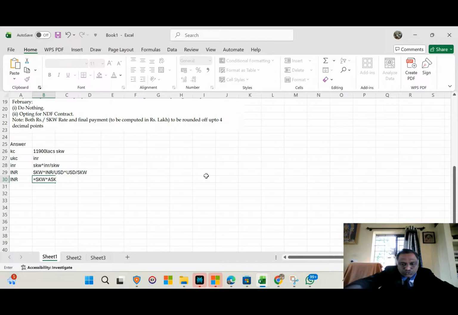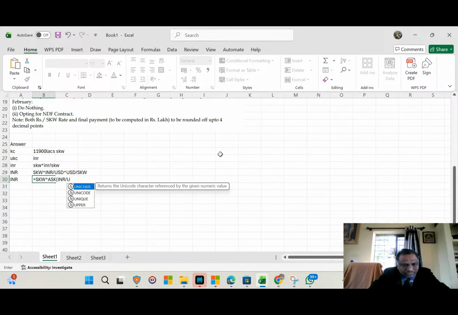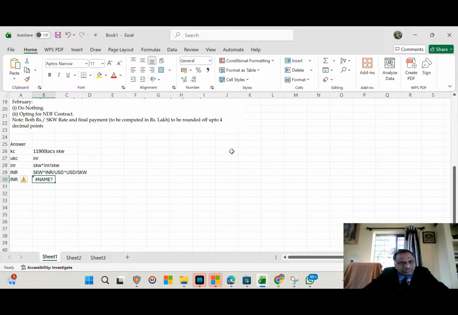Ask into INR divided by USD into USD divided by SKW. This is what is going to happen, my dear friends.